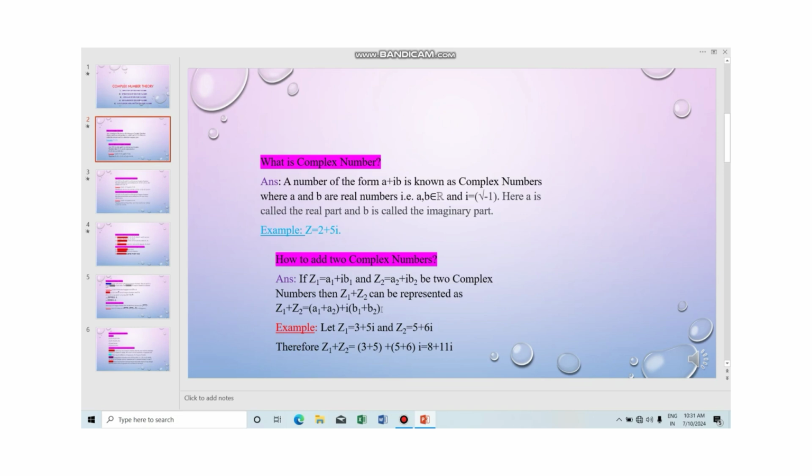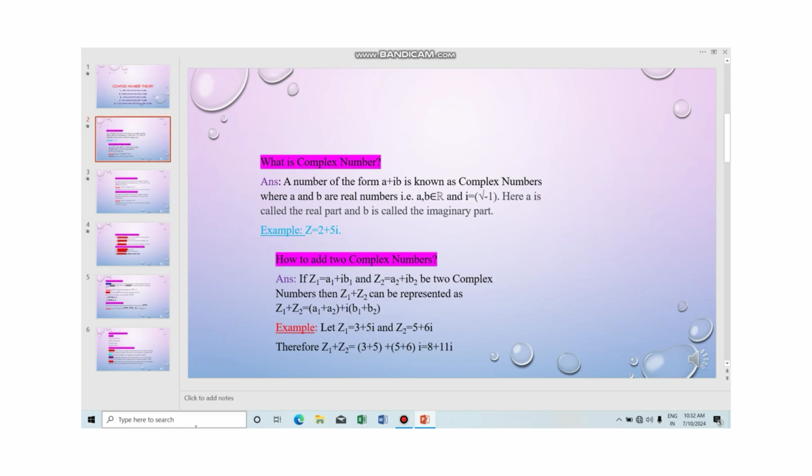Now, some basic operations of complex numbers. First of all, addition of two complex numbers. If z1 equals a1 plus ib1 and z2 equals a2 plus ib2 are two complex numbers, then z1 plus z2 equals a1 plus a2 plus i into b1 plus b2.